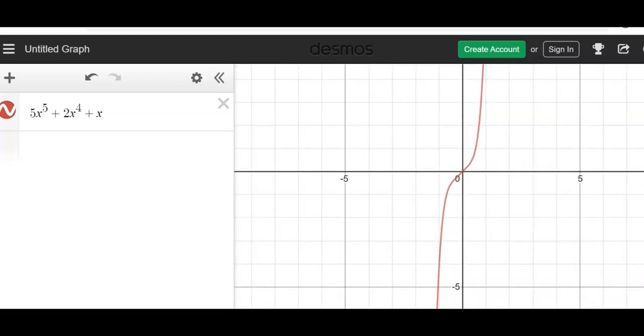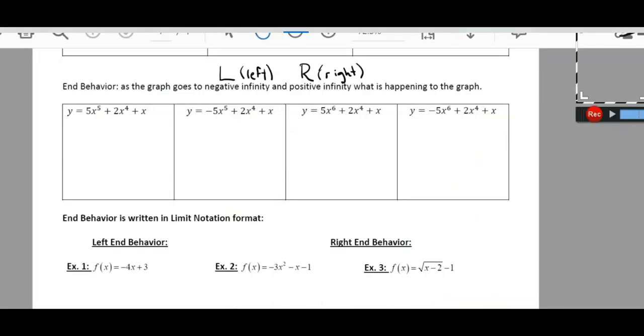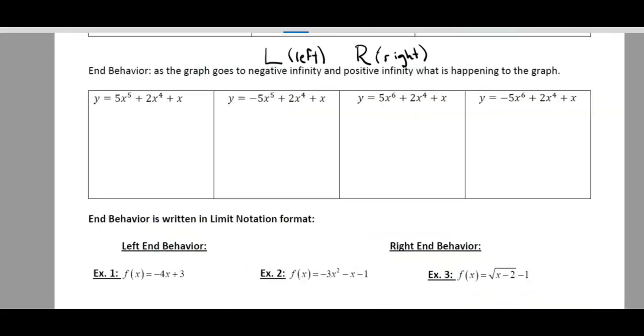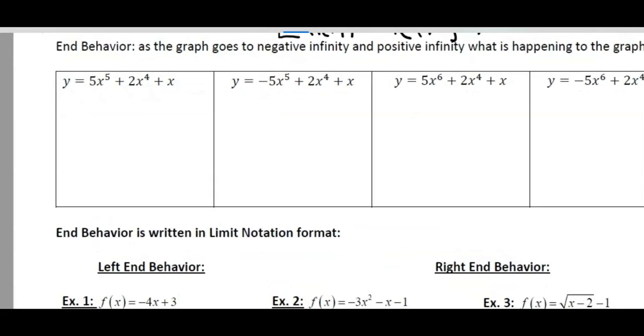So to go back to our other screen. So here we know that it looks something like that.